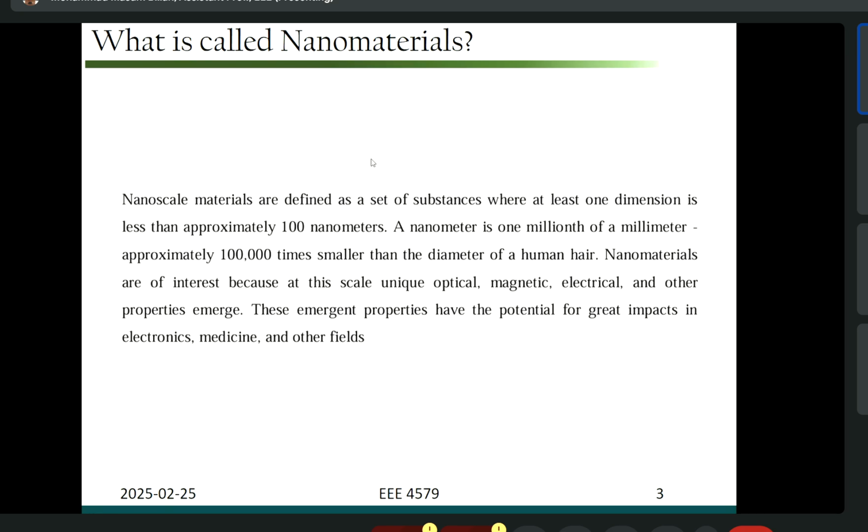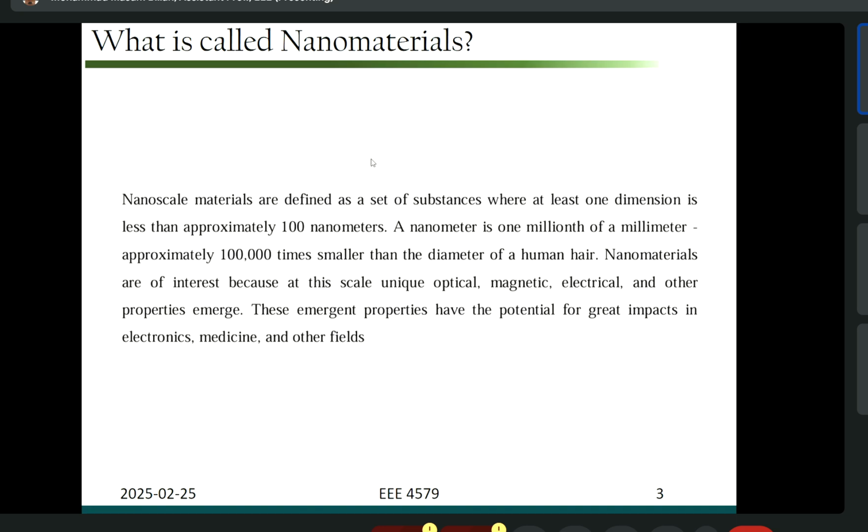This is a substance, a material, where each and every material has different dimensions, right? Height, width, or thickness. So if you consider any material or substance in three-dimensional space, at least one of the dimensions should be less than 100 nanometers. You got my point? Either it is thickness, or length, or height, or width.